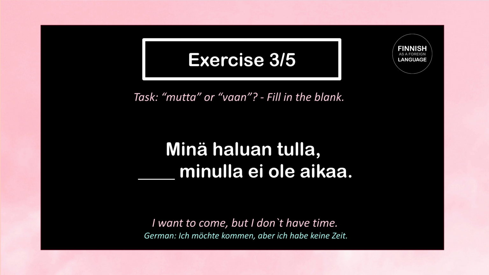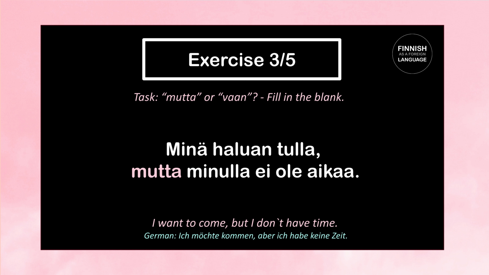We wanna say I want to come, but I don't have time. Minä haluan tulla. Minulla ei ole aikaa. What do we have to fill in? That's right. The correct answer is mutta. Minä haluan tulla, mutta minulla ei ole aikaa. I want to come, but I don't have time.